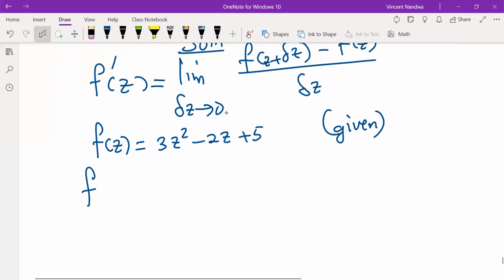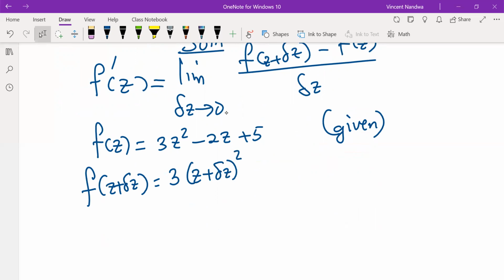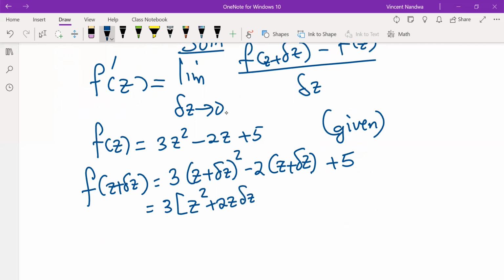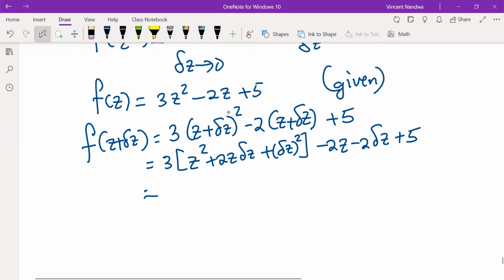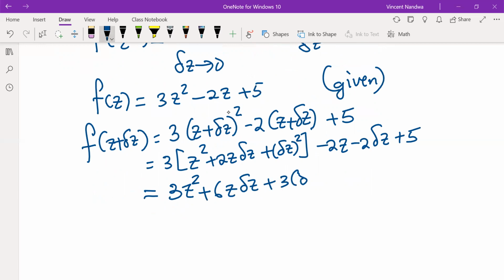And then f of z plus delta z will be 3 times z plus delta z squared minus 2 times z plus delta z plus 5, which is 3 into z squared plus 2z delta z plus delta z squared, minus 2z minus 2 delta z plus 5, which on simplification will give us 3z squared plus 6z delta z plus 3 delta z squared minus 2z minus 2 delta z plus 5.